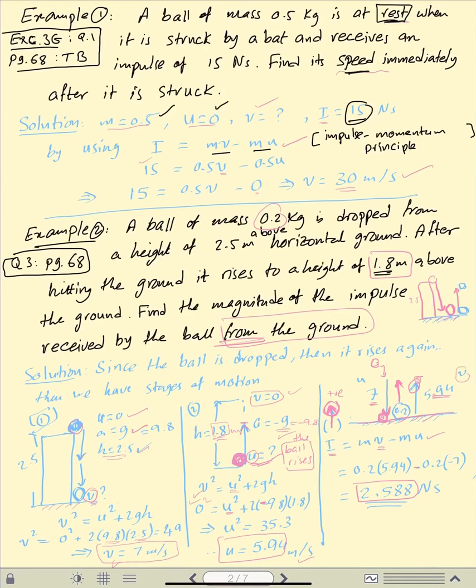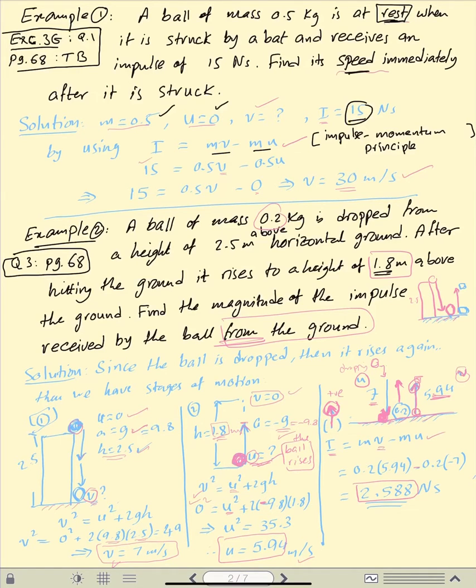Now this happened first, and rising again up happened after. It was dropped, then rising. So the last stage in the solution, 7 is U now, and this is V now. Got it? So again, this was the first stage of motion, when we dropped, hitting the ground with 7 meter per second.